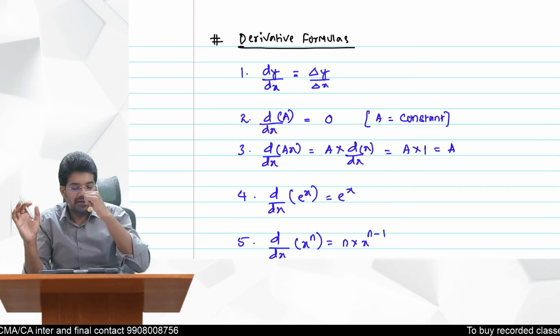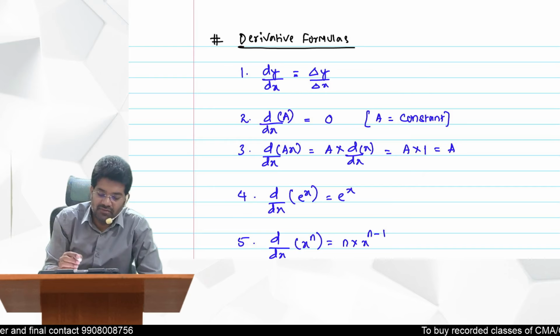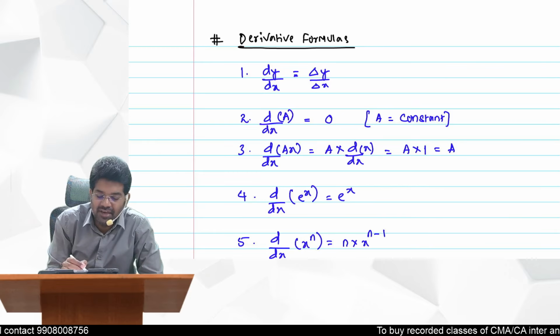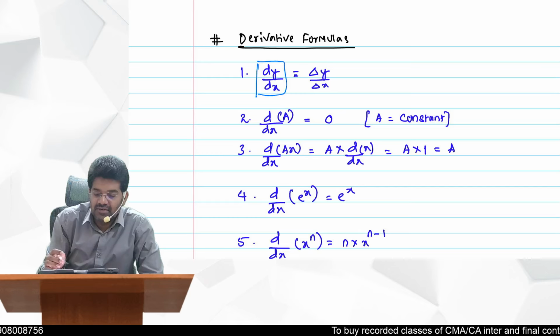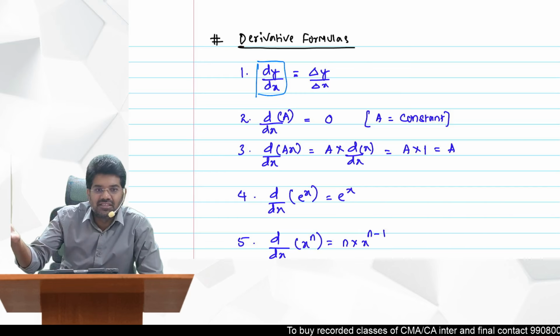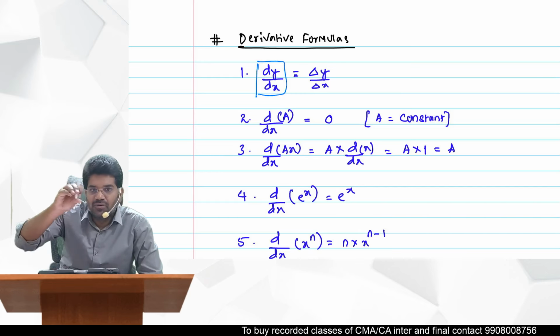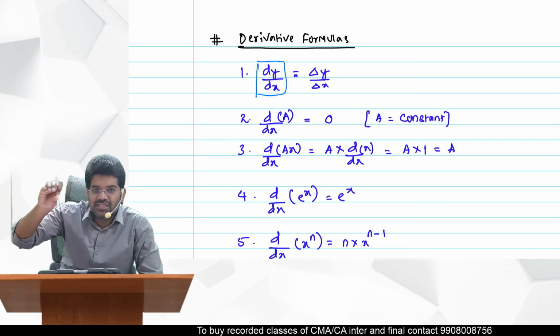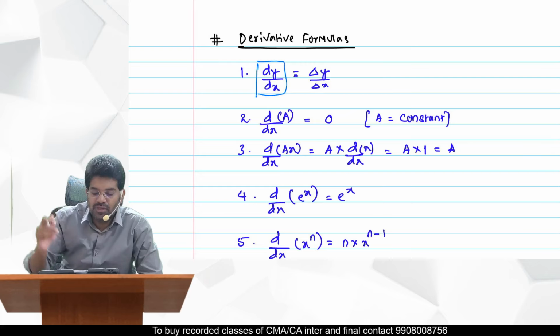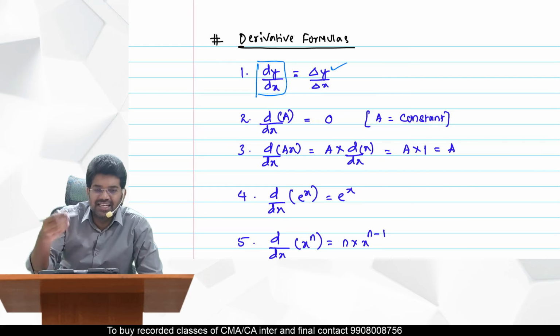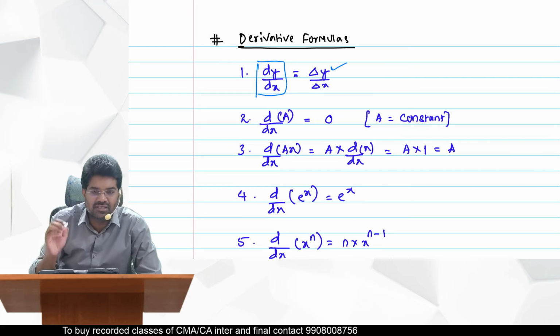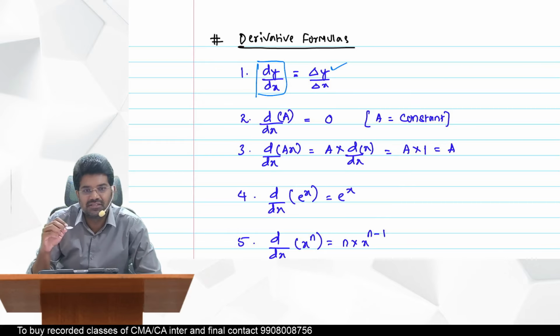First of all, you should know what dy by dx is. Earlier, when I was giving you the concept of how the relationship is determined in the form of an equation, I used this only. This is basically delta y divided by delta x, the change.